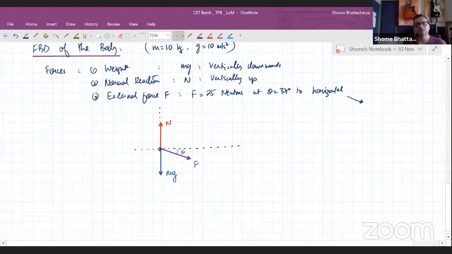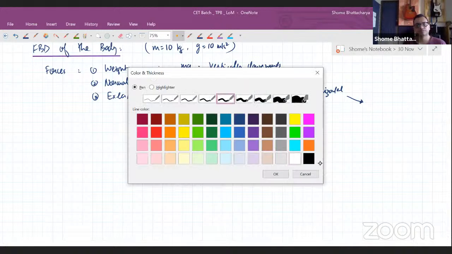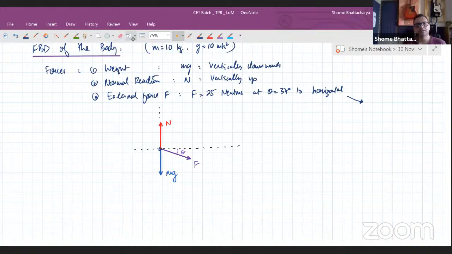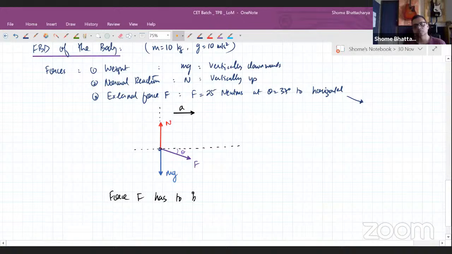Now we know that the acceleration of the body will be along the horizontal direction. It will be slipping along the horizontal direction. So the next thing we have to do here is that the force F has to be resolved into x and y components.